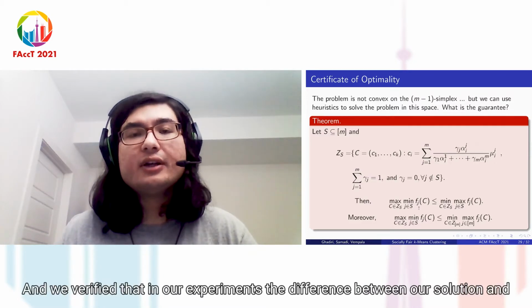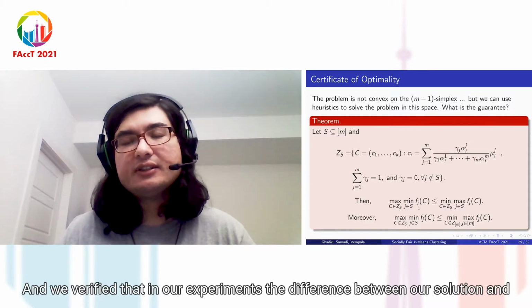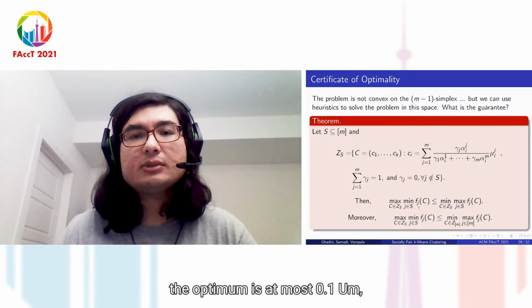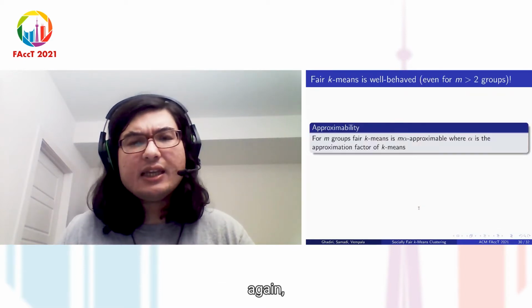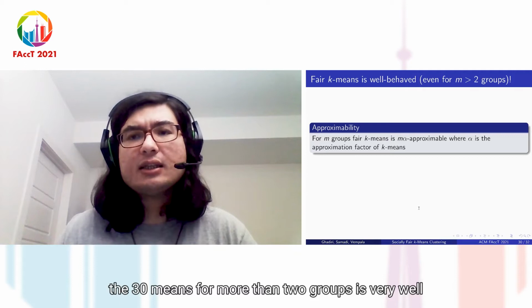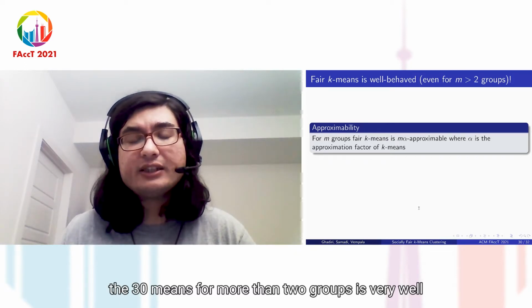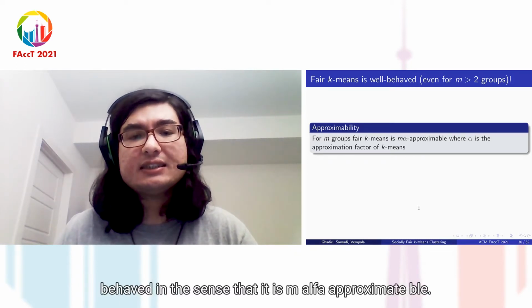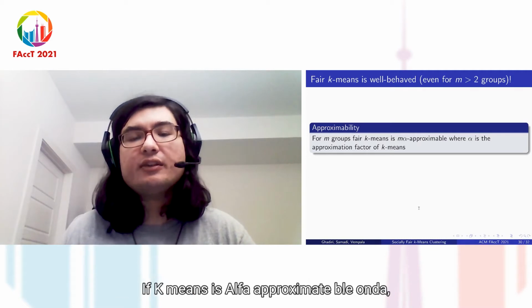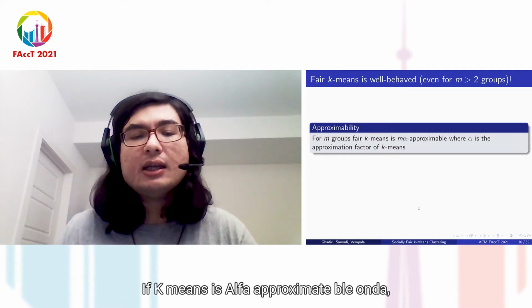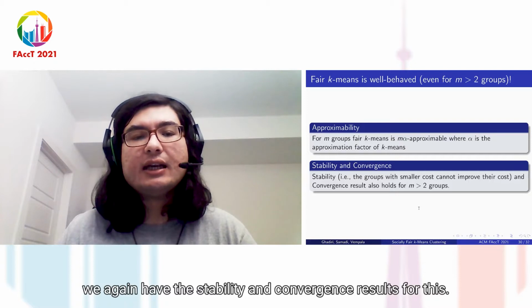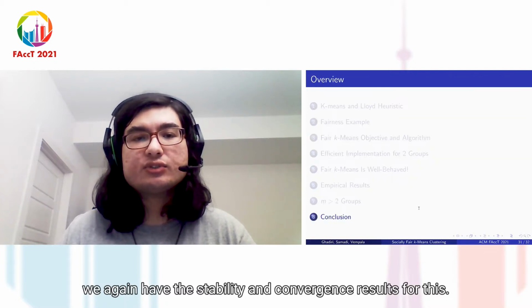And we verified that in our experiments, the difference between our solution and the optimum is at most 0.01. Again, the fair k-means for more than two groups is very well behaved in the sense that it is m alpha approximable if k-means is alpha approximable, and we again have the stability and convergence results for this.